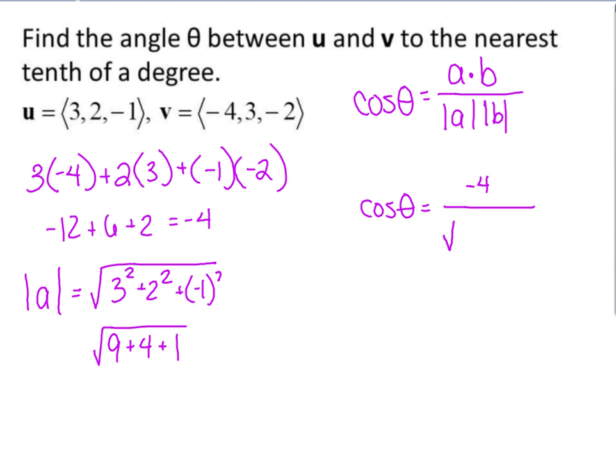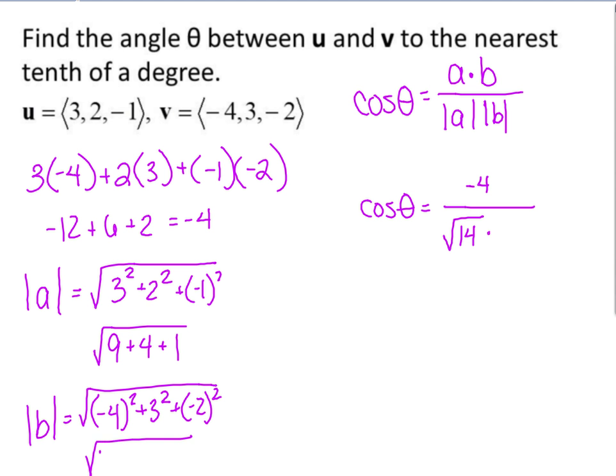So we know the magnitude of a is going to equal radical 14. To find the magnitude of b, we're going to do negative 4 squared, 3 squared, and negative 2 squared. Negative 4 squared gives us 16. 3 squared is 9. Negative 2 squared is 4. 16 plus 9 is 25. Plus 4 gives us 29.